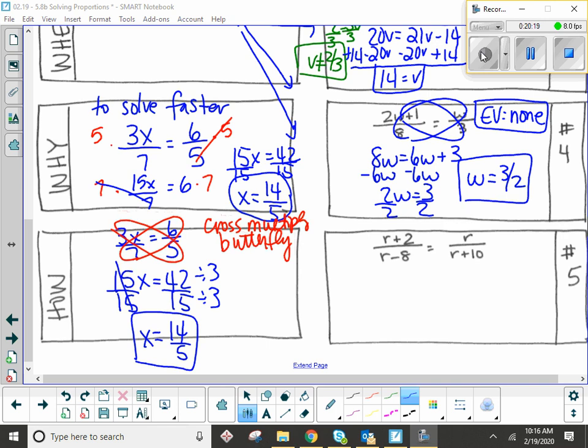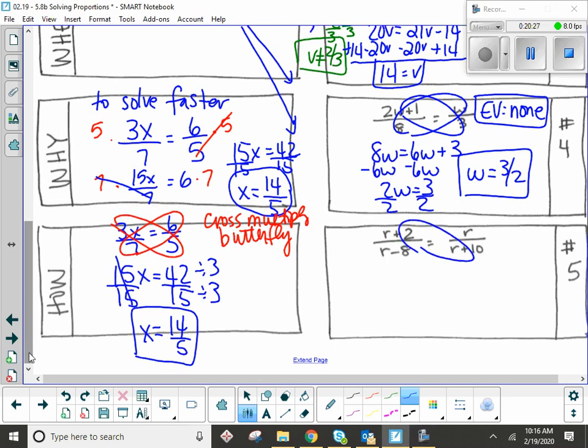So, yeah. What did you do to both sides here? Cross multiply. One thing about cross multiplying here, your r plus 2 times your r plus 10, that's going to be a FOIL thing, okay? So it's not just the r's being multiplied and just the 2 and the 10. It's all of the one times all of the other.